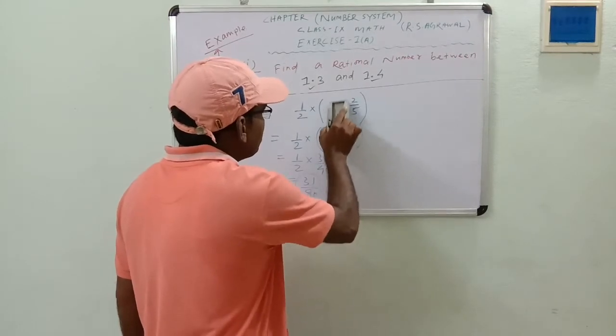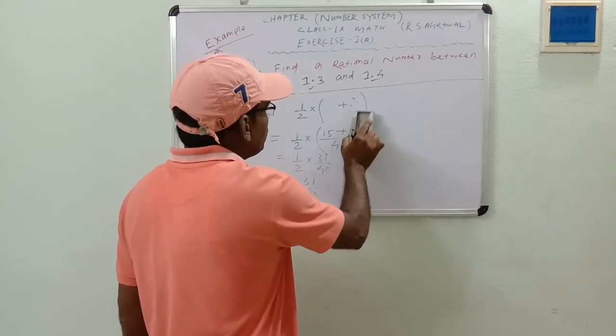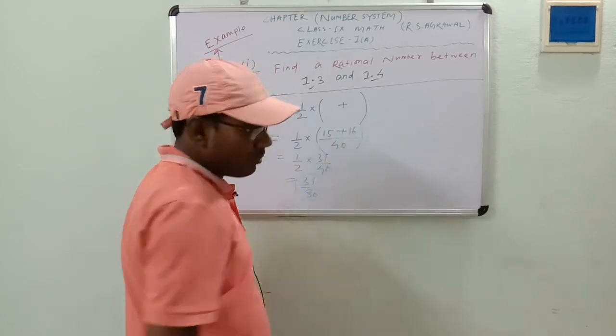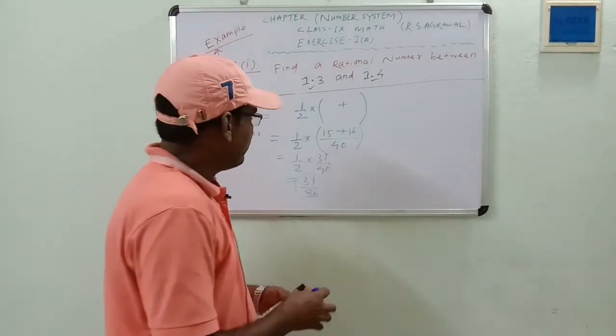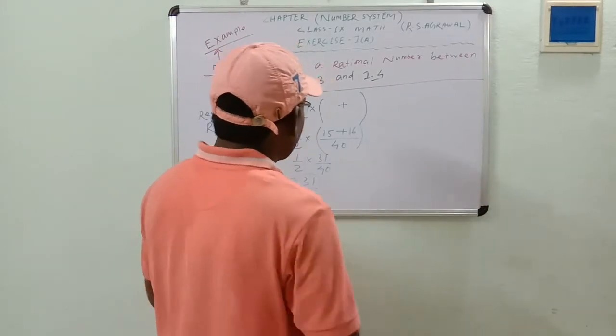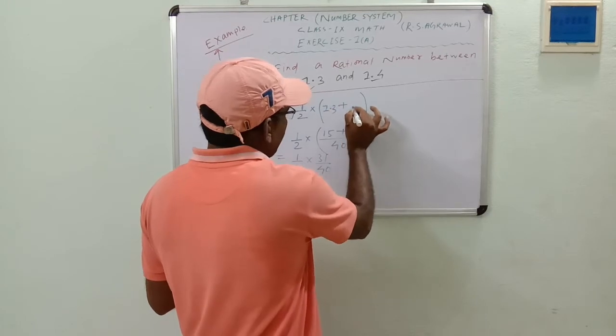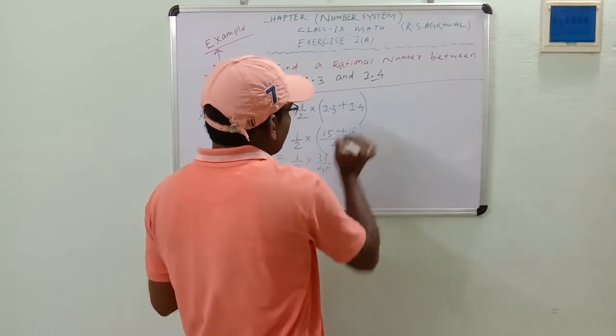In this place, students, put 1.3 and 1.4, because your given rational numbers are 1.3 and 1.4.